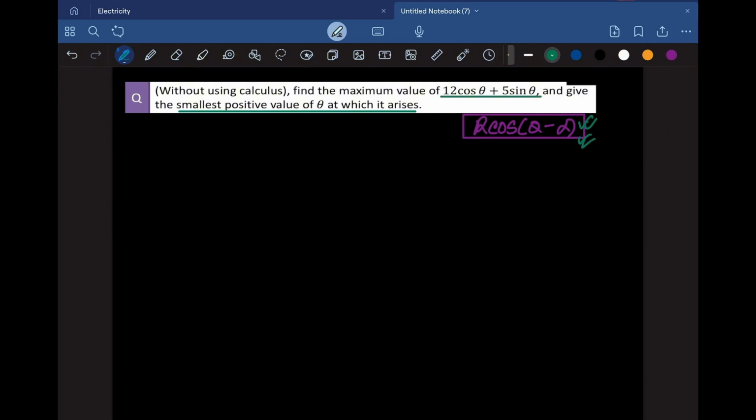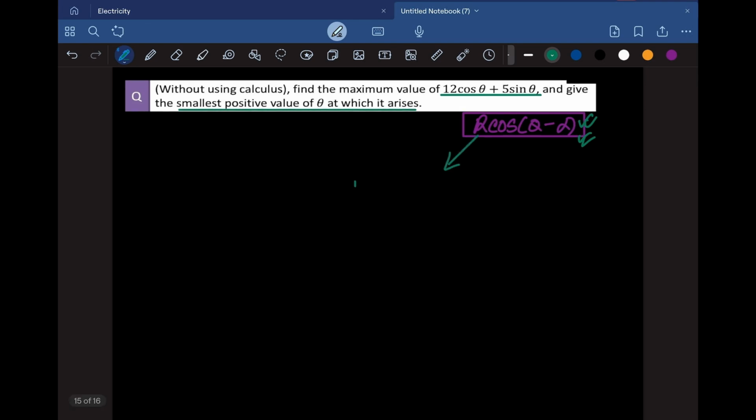So now let's expand this one. We know this is a double angle formula, which is r cos(a minus b). So we know it will become r cos theta cos alpha plus r sin theta sin alpha, right? It will become like this.